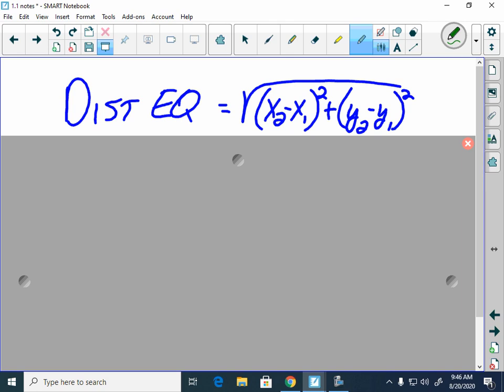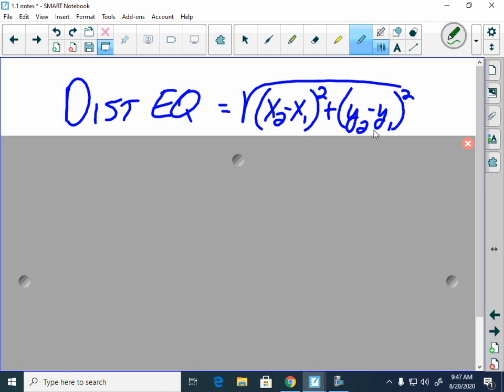Okay. Do you remember what these mean? The x2 just means the second x. The x1 just means the first x. You don't do anything with the x's. It's a location. It's a placeholder. And this means second y and first y.